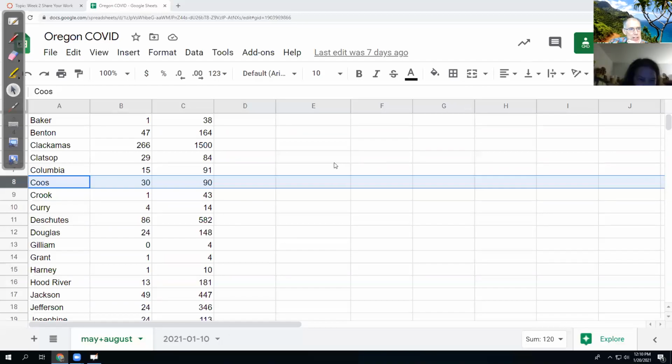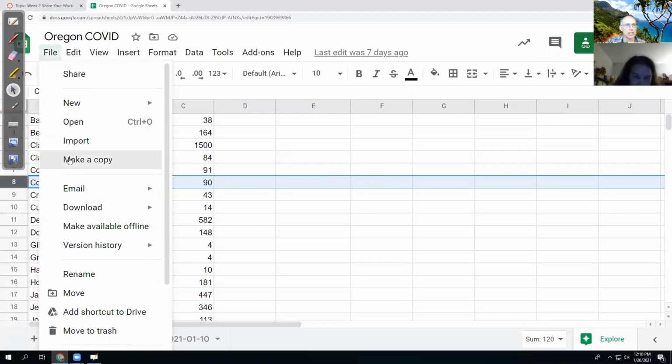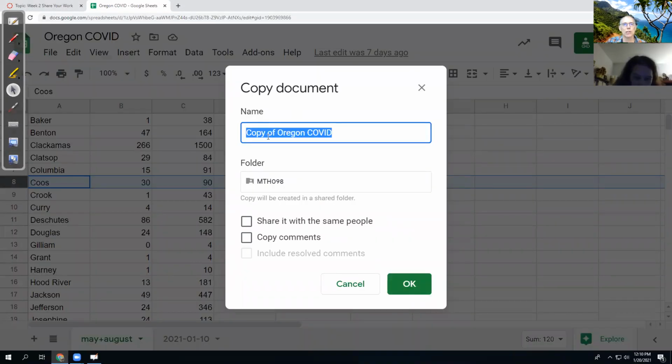All right, so we're looking at rates of change again, and here I'm just going to focus on Coos County. So I'm going to make a copy of this so I don't mess it up for anyone else.